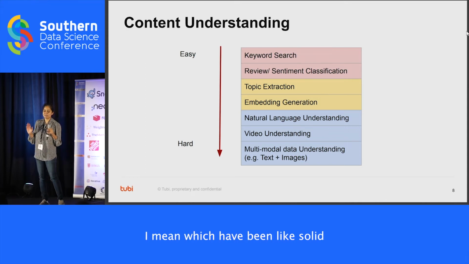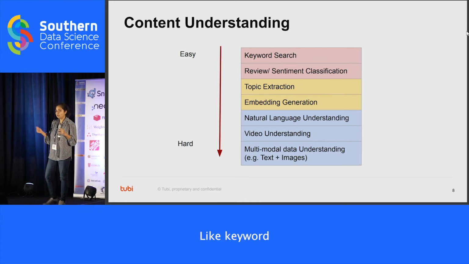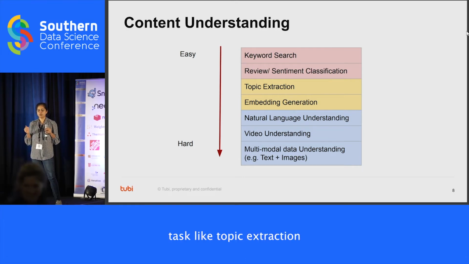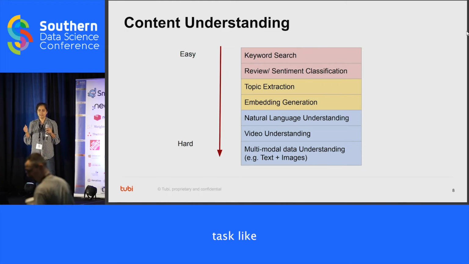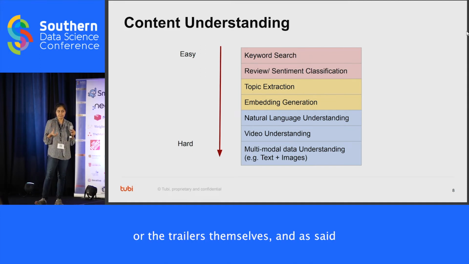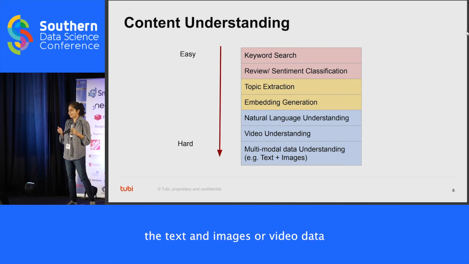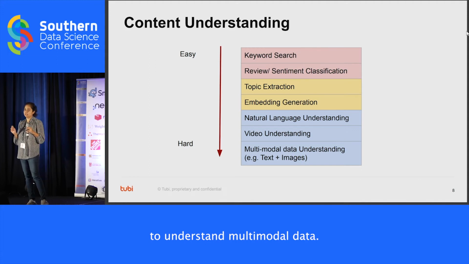By easy, I mean tasks which have been solved for the past several years or maybe even decades, like keyword search and sentiment classification, to a little bit harder tasks like topic extraction and embedding generation, and to even harder tasks like understanding natural language itself, understanding the video or the trailers themselves, and, as said by the other speakers as well, using both the text and images or video data and using modern models like CLIP to understand multimodal data.